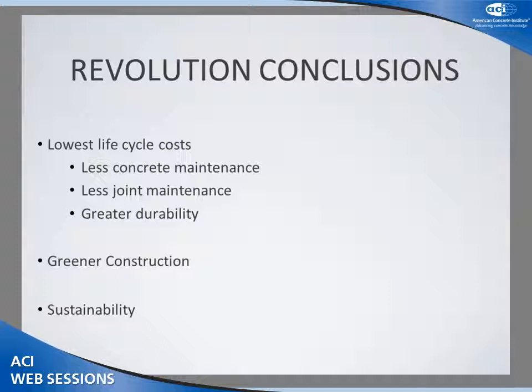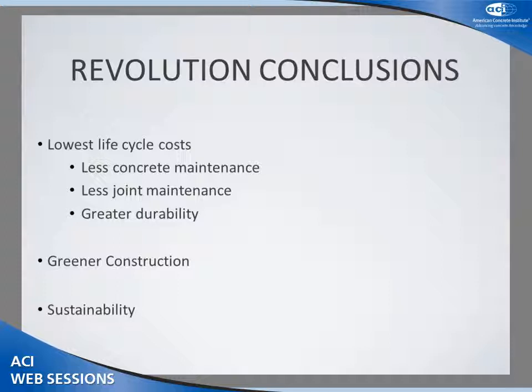So the life cycle cost of shrinkage compensating concrete is always the most sustainable and economical. This is due primarily to shrinkage compensating concrete being more durable than conventional concrete, and resulting in less concrete maintenance, the elimination of contraction joint maintenance, less expansion joint maintenance, and the greater abrasion resistance.